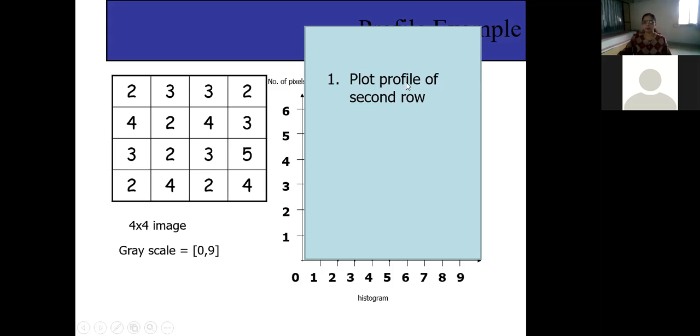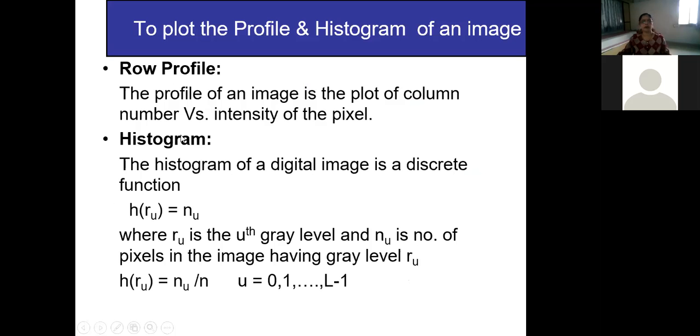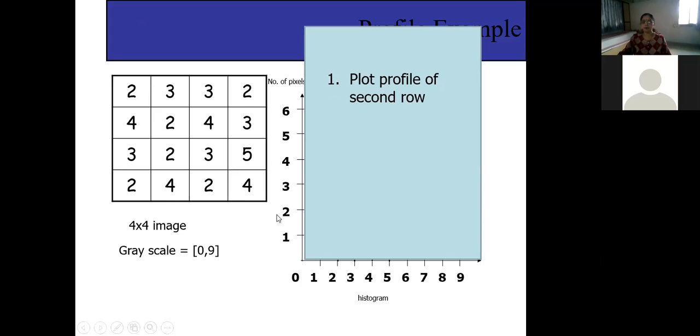For the profile, on the x-axis you should have the column numbers, because if you look at the definition of row profile, it is the plot of column number versus intensity value. In the given image, there are only 4 columns, so here you should have numbers 0, 1, 2, 3, and 4.